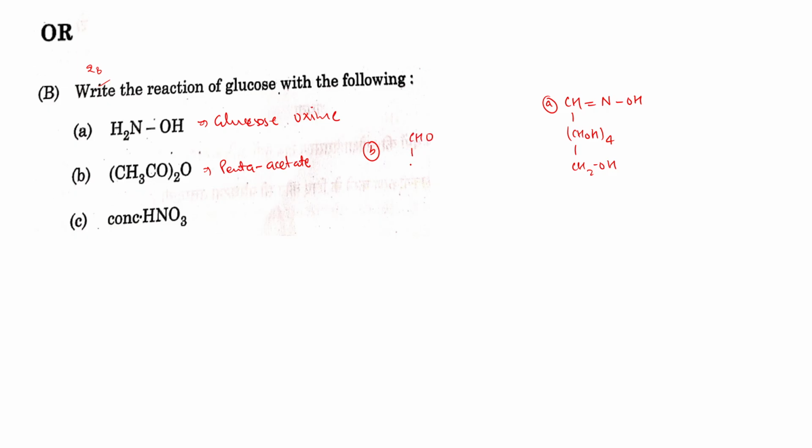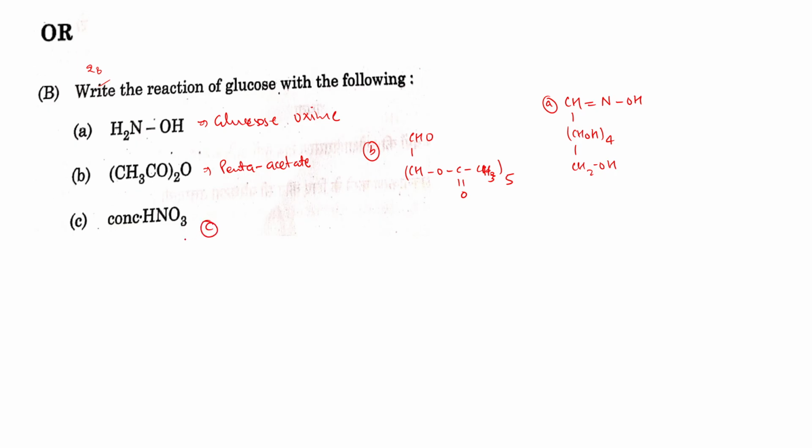It reacts with all the OH groups. Since all the carbons are having an OH group, I will write it directly as 5 times. This is the structure of pentaacetate.